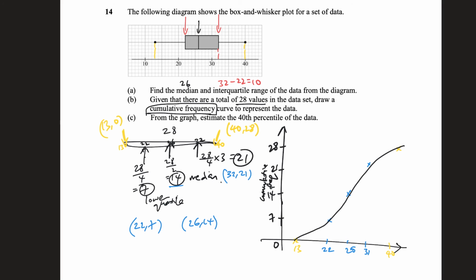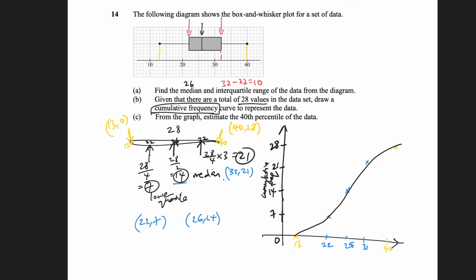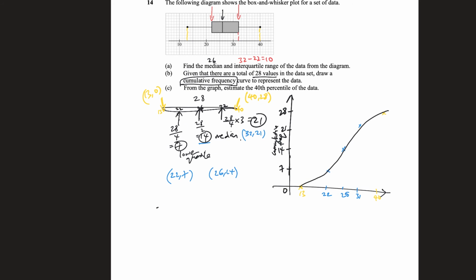Now, for part C, it says, from the graph, can you estimate the 40th percentile? What does it mean by 40th percentile? The median, for example, is the 50th percentile, right in the middle. The 40th percentile is somewhere here. This lower quartile is the 25th percentile.